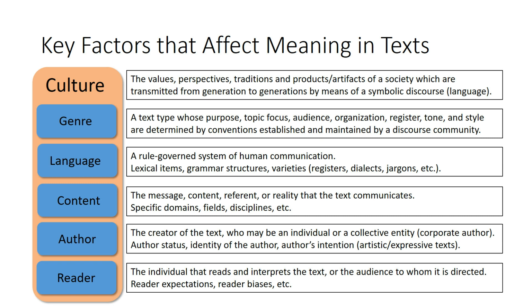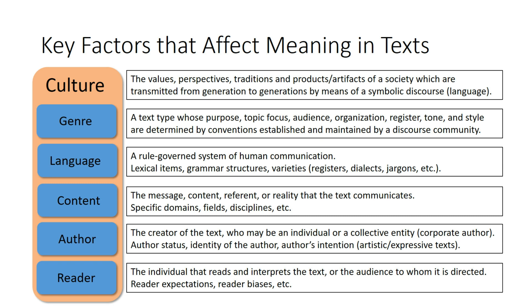So that's culture. What's a genre? We're going to talk more about it in a minute, but genres are text types whose purpose, topic focus, audience, organization, register, tone, and style are set and determined by conventions that are established and maintained by a discourse community in a particular society or culture.